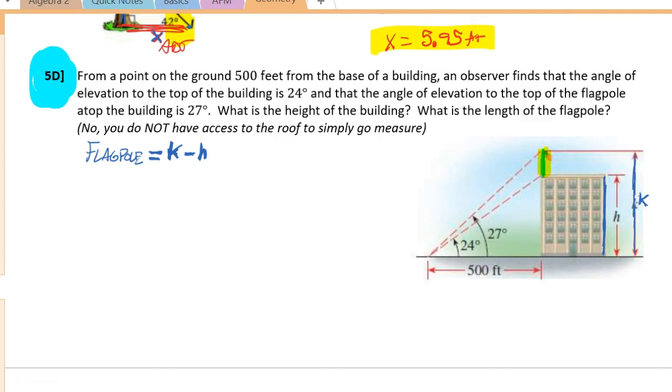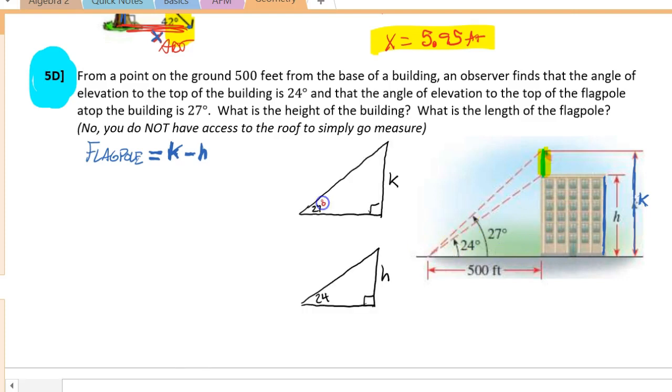I'm going to redraw the two triangles that are here. We see that 27 degrees is my bigger triangle, and 24 degrees is my smaller triangle. Both of the distances here are 500, as the measurements are taken from the same marking. I'm going to label these triangles according to these two reference angles.